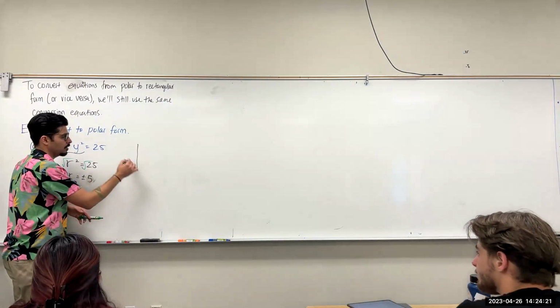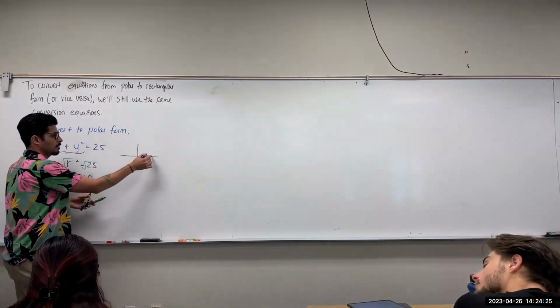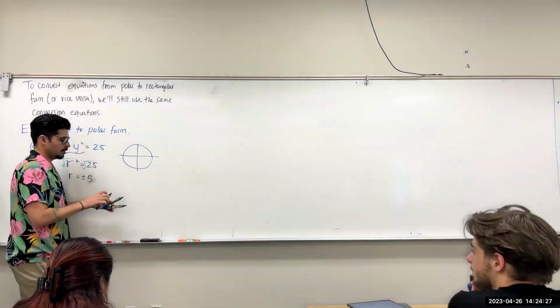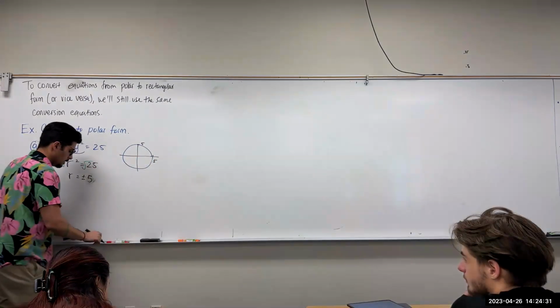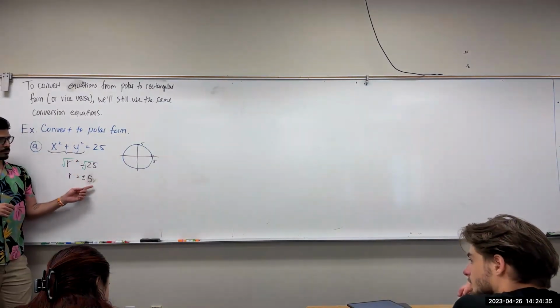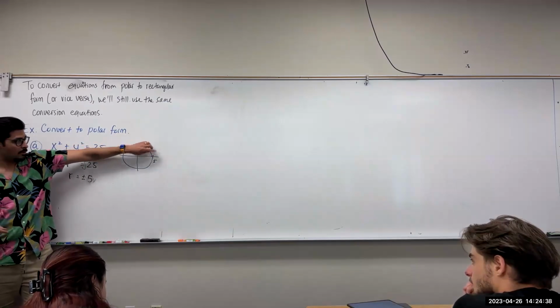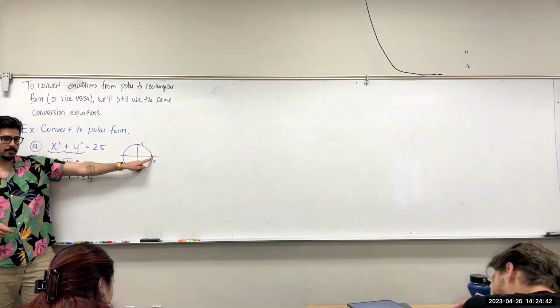So let me just draw the little circles here. Here we have radius 5. If r is positive 5, our ray at angle 0 is stretching here, right? It is r at positive 5.